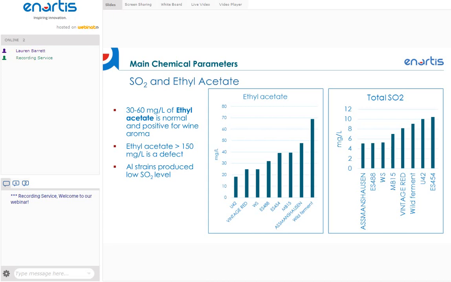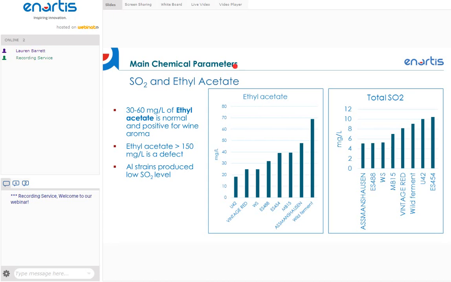And so here, U42 produced the lowest amount of ethyl acetate, and with no surprise, wild fermentation produced the highest level. Now, total SO2 for all the strains was low, which is also important to consider when you're trying to elaborate low SO2 wines, and also when thinking about malolactic fermentation and SO2 sensitivity with malolactic bacteria.